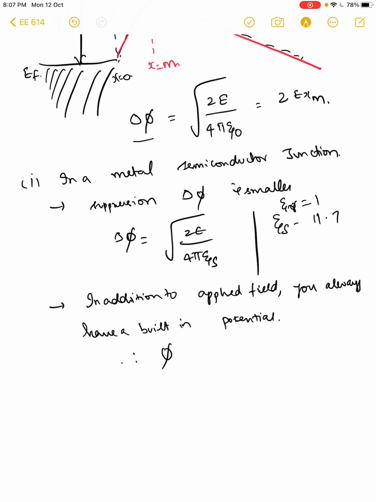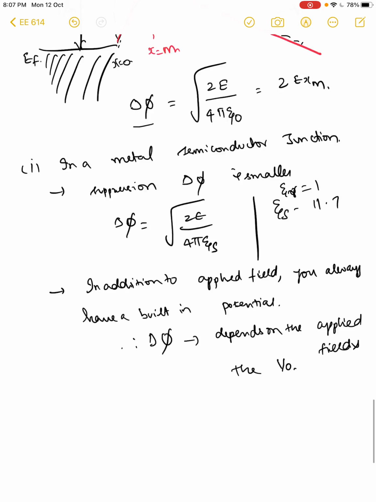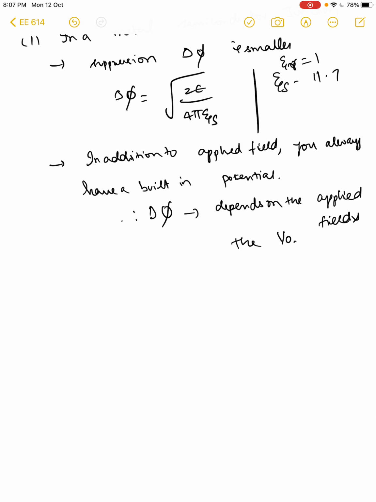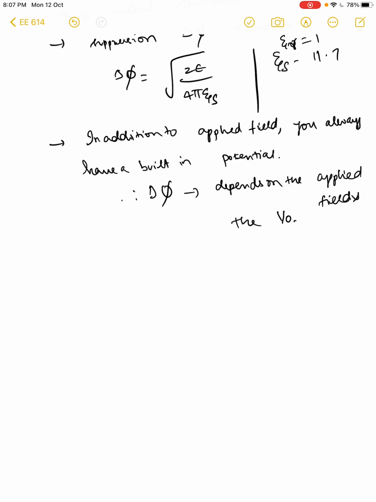Therefore, your del psi depends on the applied field and the built-in potential. Right? So now let us quickly look at what happens at various applied potentials and what happens to the actual barrier height. Right?